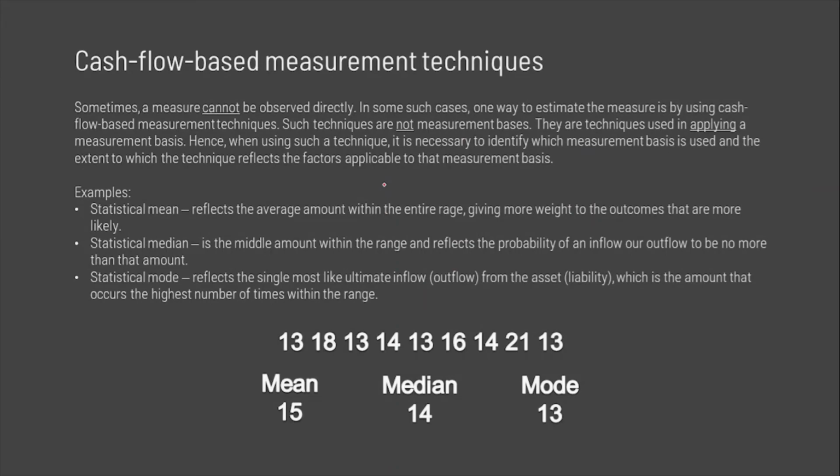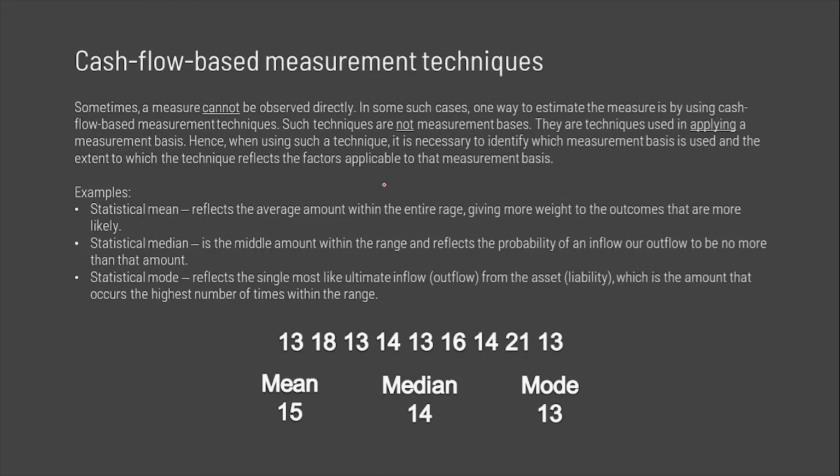A measure that cannot be observed directly needs to be estimated. One way to make the estimate is by using cash flow based measurement techniques. Such techniques are not measurement bases, but rather used in applying a measurement basis.